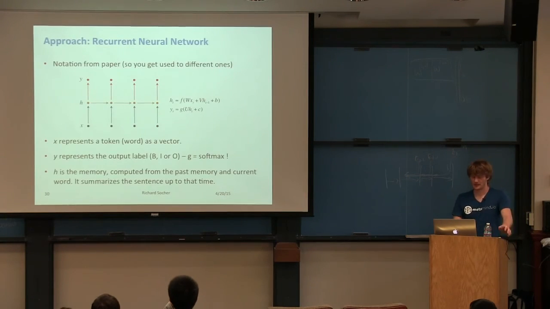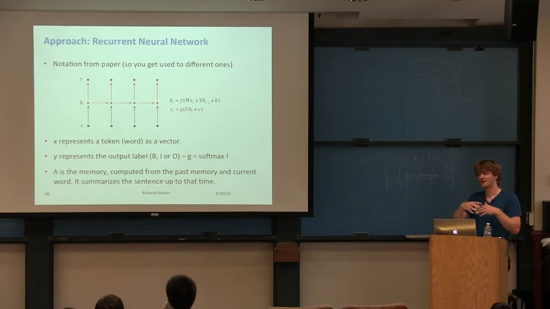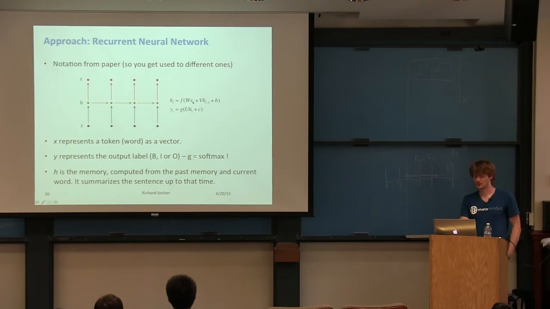Now the recurrent neural network that he defines is very similar to the one that we've defined before. I'm trying to use the notation from the paper so that you can start to see past the specific W superscript HH, for instance. Our W superscript HH is his V, and our W superscript HX is his W here.